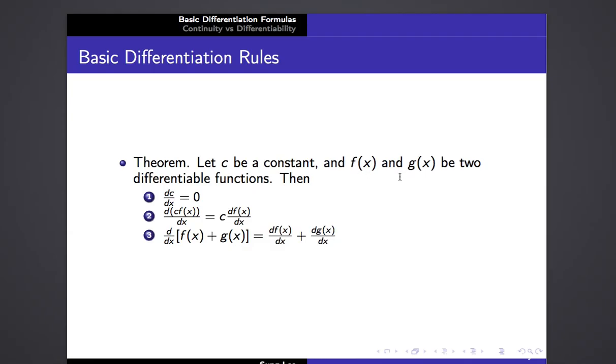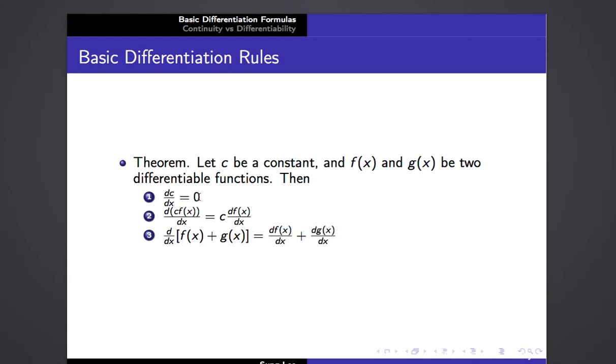So what that means is, both f of x and g of x have derivatives, f prime of x and g prime of x. In that case, the following properties hold. dc by dx, the derivative of a constant with respect to x, is 0.